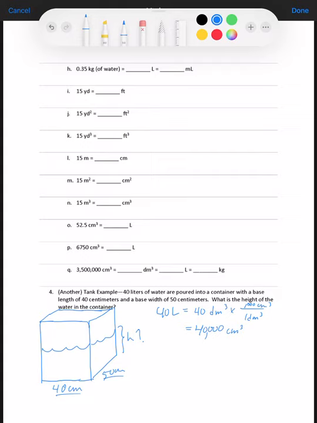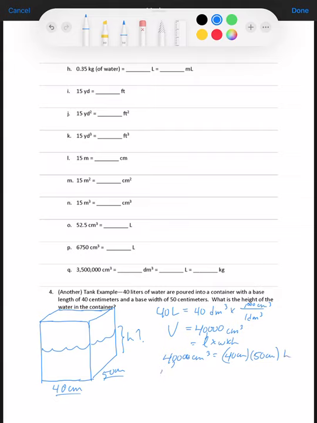Now that's the volume. We also know that the volume is equal to length times width times height. So our 40,000 centimeters cubed is equal to the length times the width, which is 40 centimeters, times 50 centimeters, times the height, h.